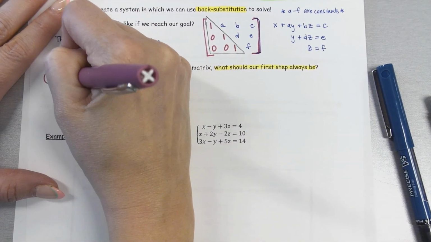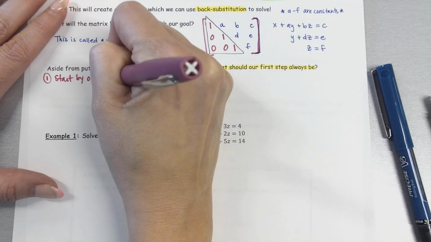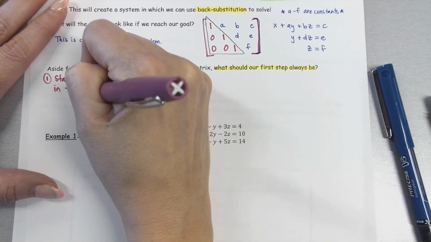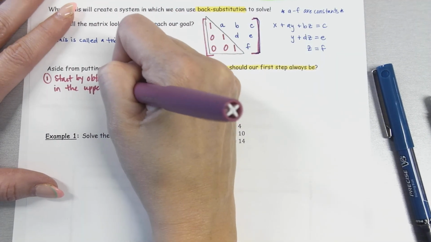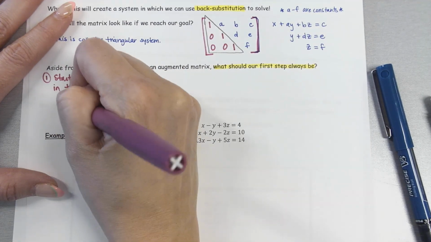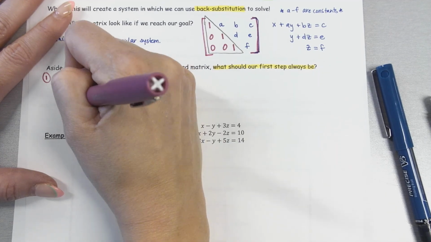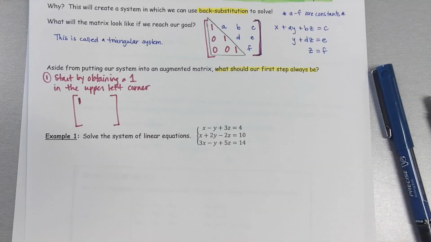So we're going to start by obtaining a 1 in the upper left corner of the matrix. This is what you're going to do first, and this should always be a 1.